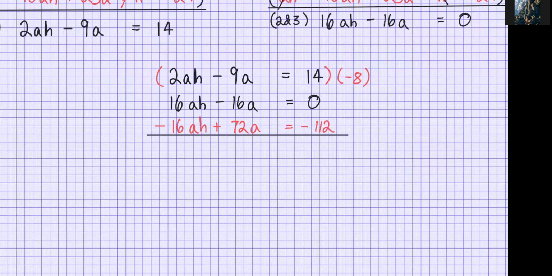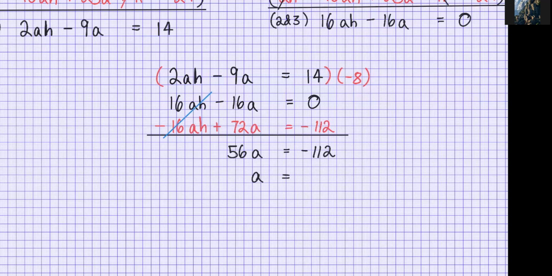Now I can do the addition. This term will be canceled. And then 72 minus 16 will be 56. 56a, and this will equal negative 112.